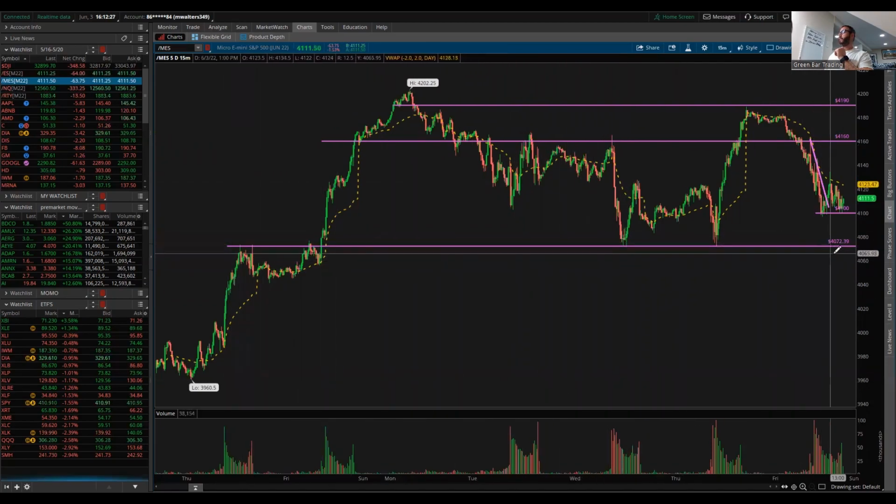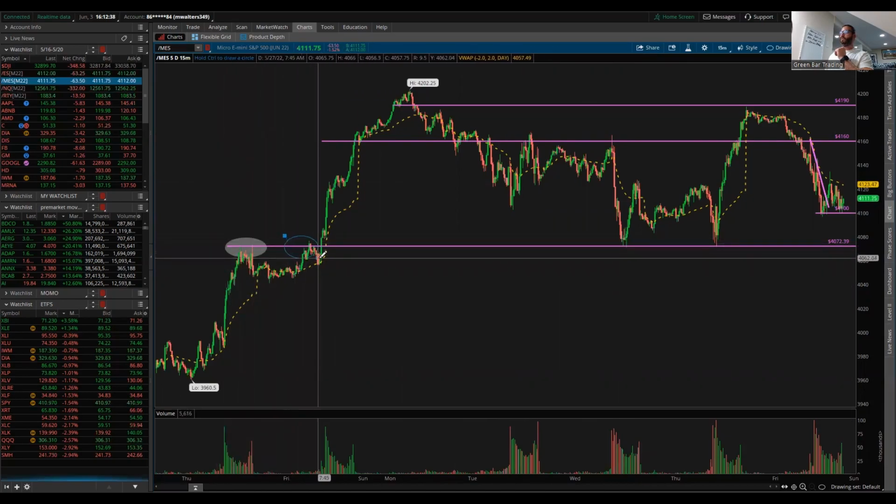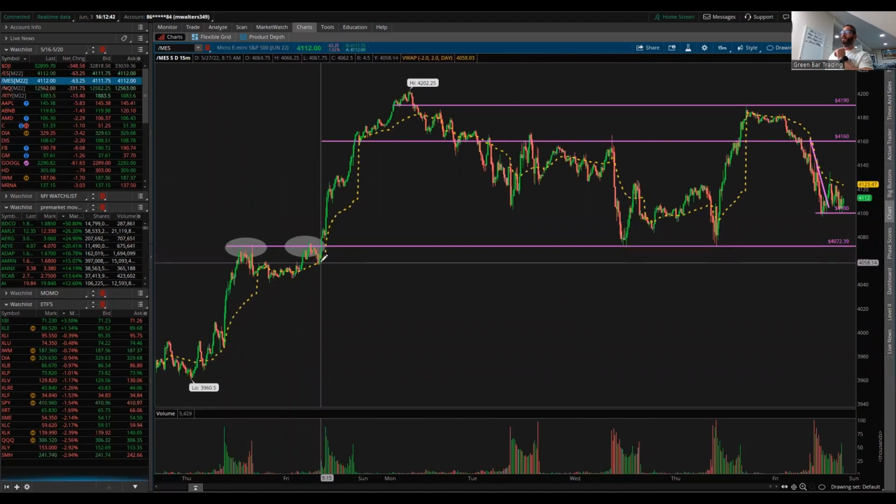Why is this a key level here at 40.72? Because of this. Right here on Thursday, we saw a little bit of rejection. Right here, pre-market Friday, same thing, rejected before we got that break of this area. And then came down, and now this is support.